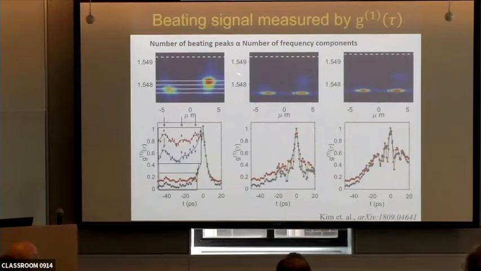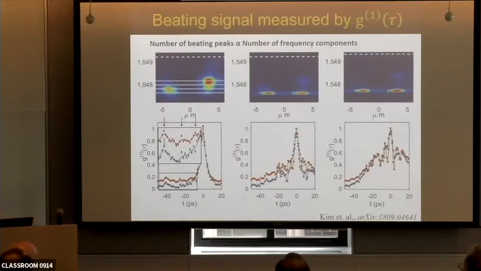So those different lines should be coherent with each other. So we can look at their first order coherence. And there is some beating or coherence revival. And in this one, we have clearly 4 lines. The revival is actually hardest to see, although it's reproducible and unmistakably there, because there are multiple lines. So the spectrum is messy.